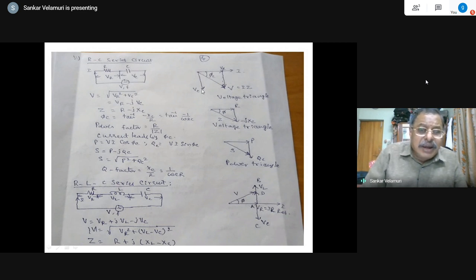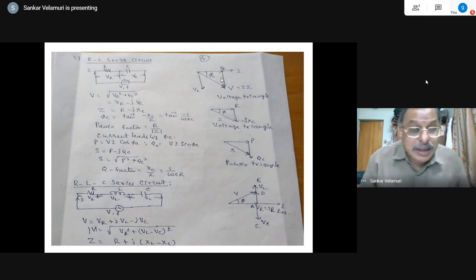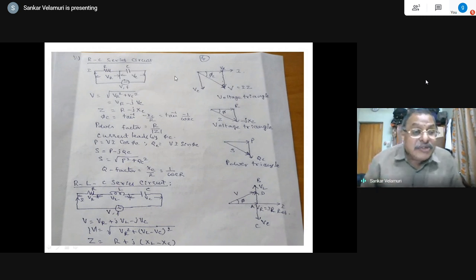Earlier I said the current will be leading the applied voltage. Now with the current chosen as reference, the quadrature component of the voltage across the capacitance will be lagging by 90 degrees. So the net resultant voltage V equal to I into Z will be lagging the current by phi C. Actually, with respect to the voltage, the current is leading. In the RC series circuit, the convention followed is that current is common but voltage gets divided.